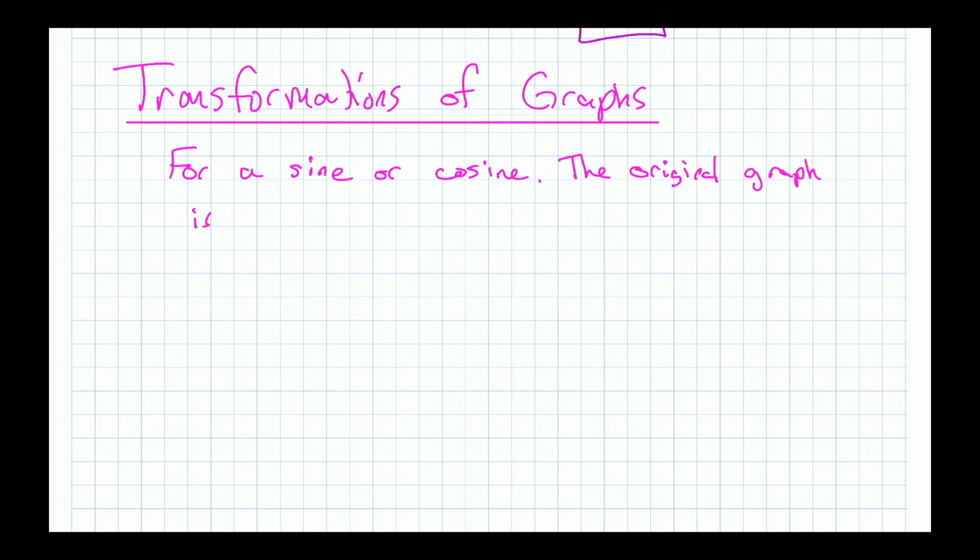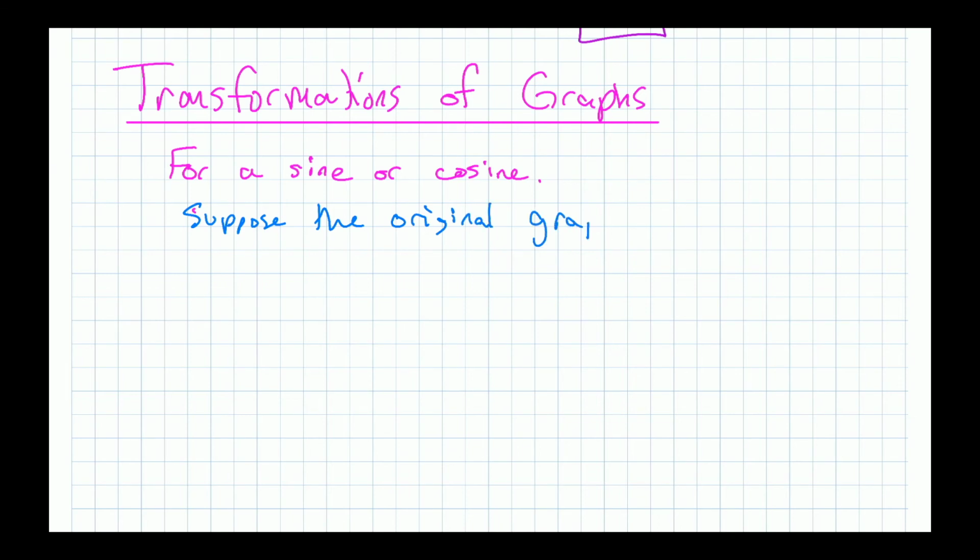So for purposes of writing this down, suppose the original graph is y equals sine x, but you could do this for a cosine as well. It's all the same stuff. Okay.